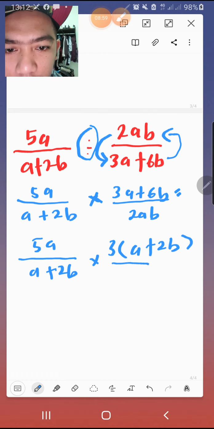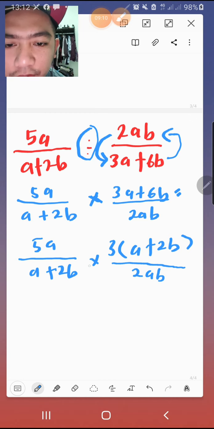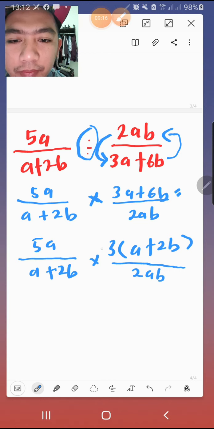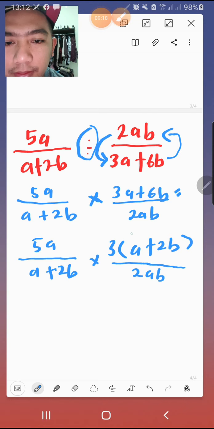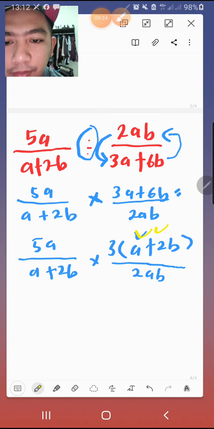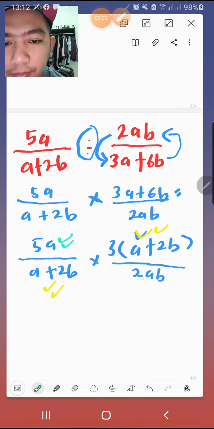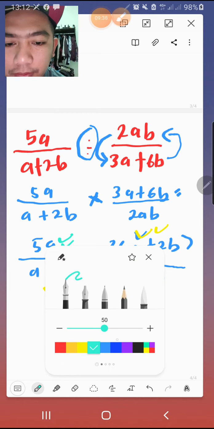And for this one, the way you factorize, 2ab, you must cross simplify. When you simplify this part with this part, and this one you can simplify with this part. Okay, now let's take a look.